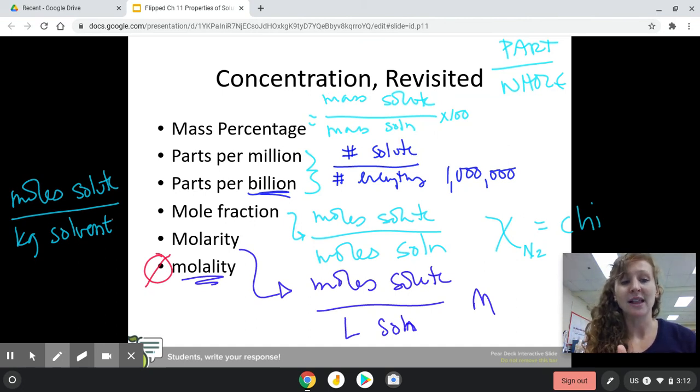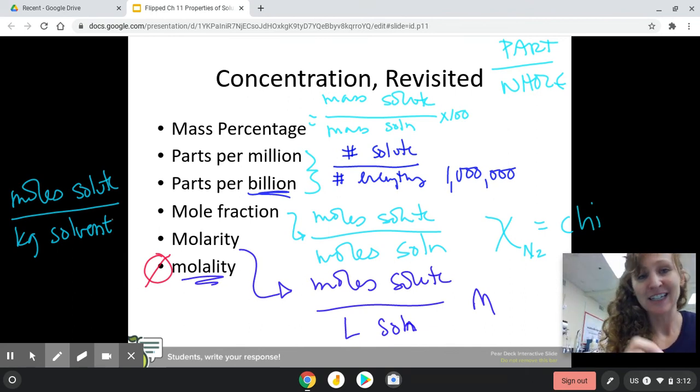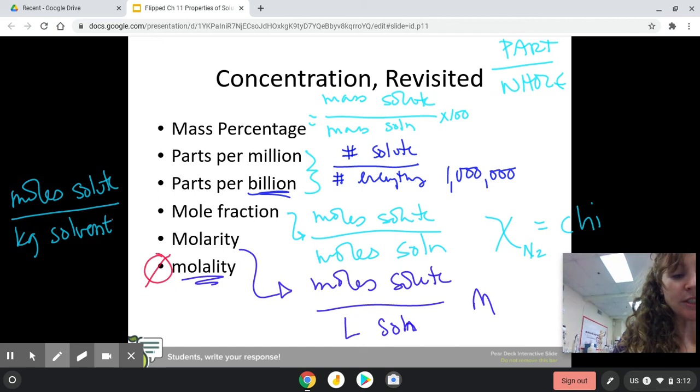And so molality is like a part over a different part. So it's kind of weird. We don't use it a lot. We just see it in one equation, and you actually don't even have to calculate through that equation. So any book problem you come across that has to do with molality, you may skip it officially as of this slide.